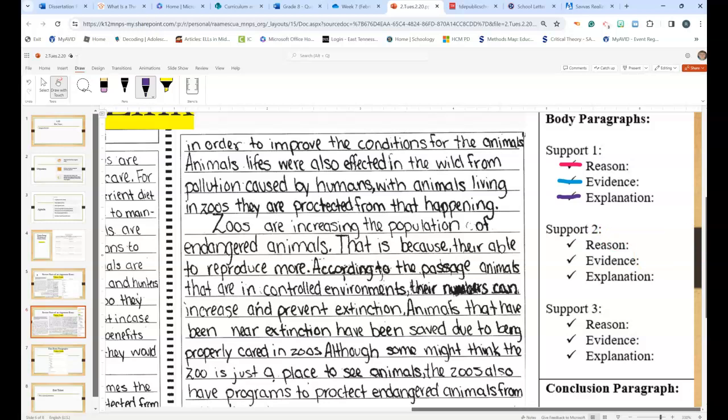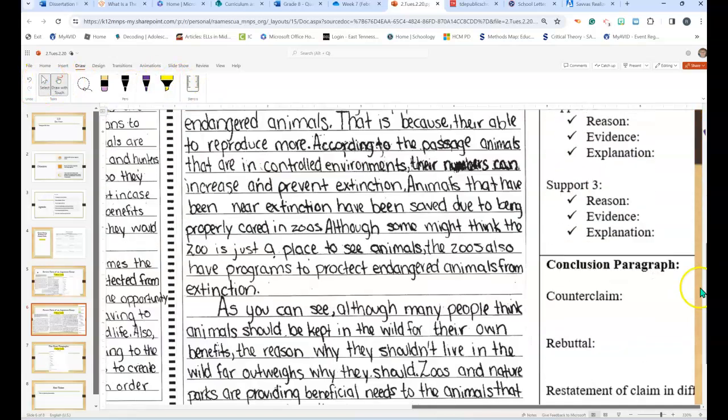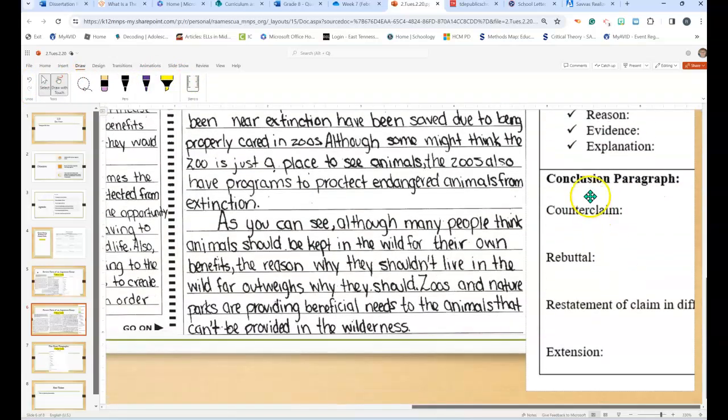We're going to make the conclusion. So we're going to put our counterclaim in the conclusion paragraph just to make things easy. So we'll make our counterclaim, oh, I don't know. You can mark that with a pencil because I'm running out of colors.